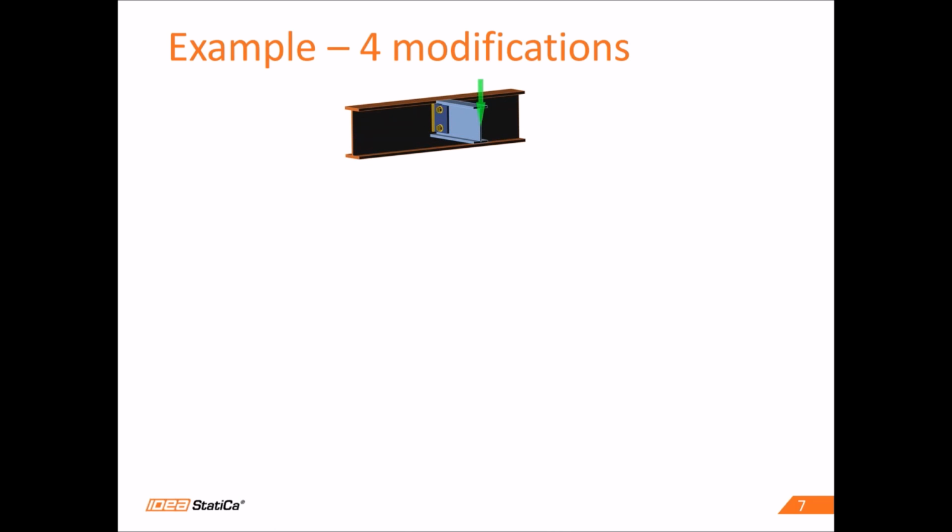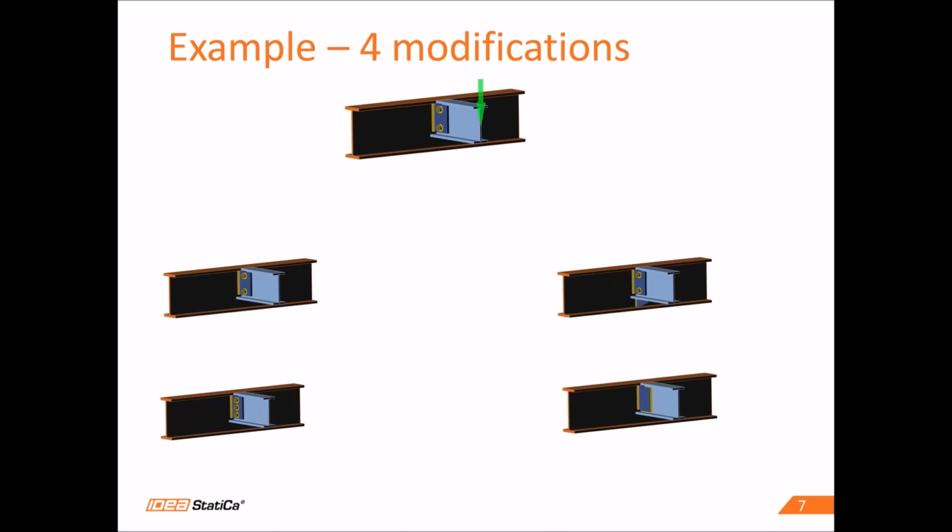We modeled this simple joint. Only two members are used and connected together. This joint is done in 4 modifications. We used 2 bolts, 3 bolts. Here we add some stiffening plate on the bottom of the smallest member, and here it's welded.